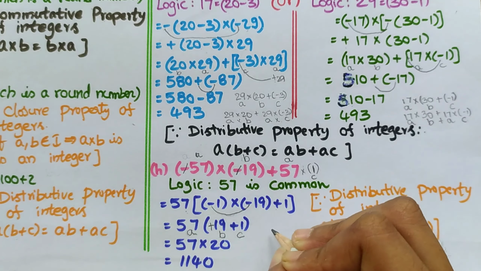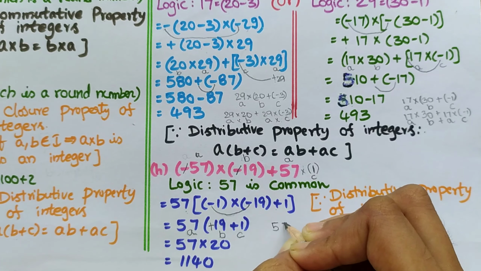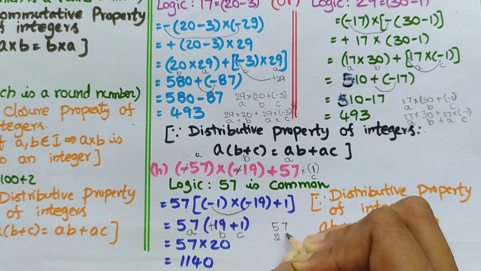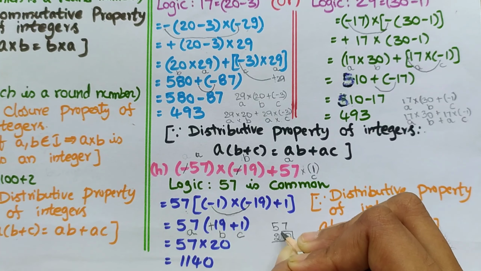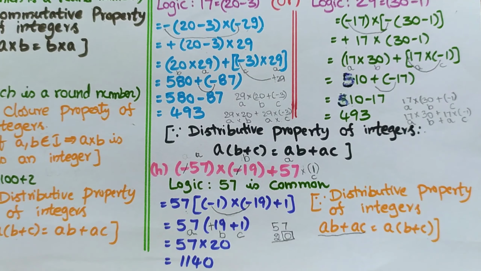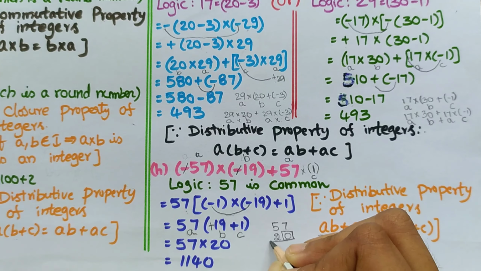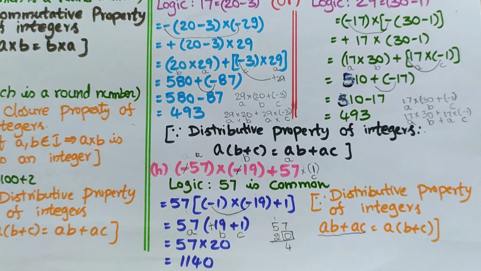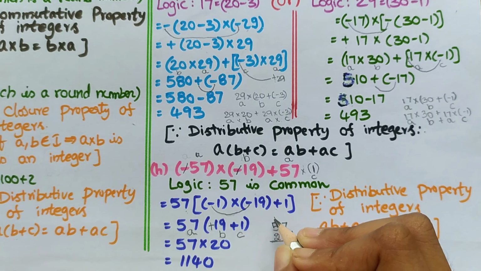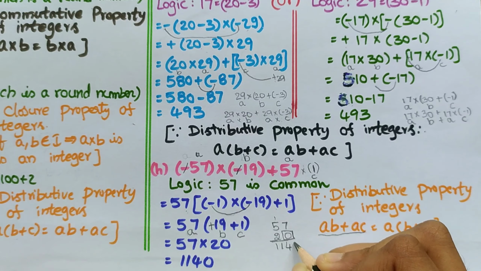See here, this can be solved logically. 57 into 20. Okay friends, here 0 we will keep it aside, and let us multiply this number 57 with 2. 2 sevens are 14, 2 fives are 10 plus 1 is 11, and let us put the 0 here.